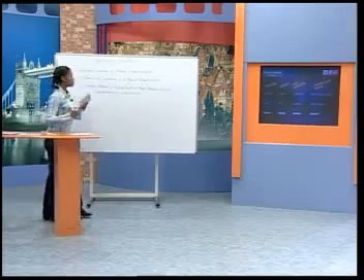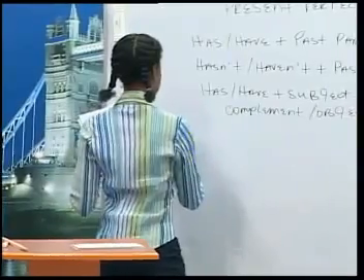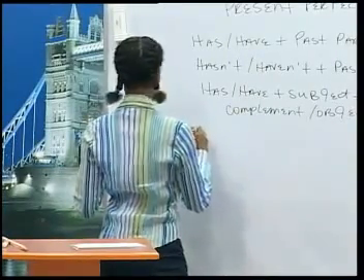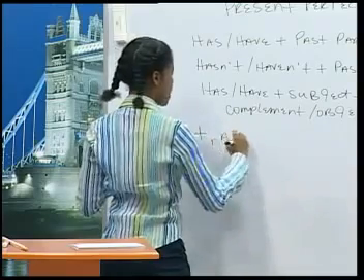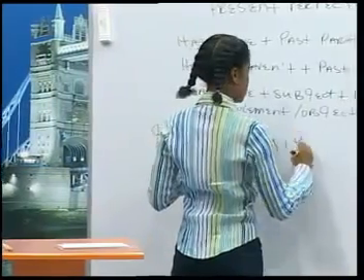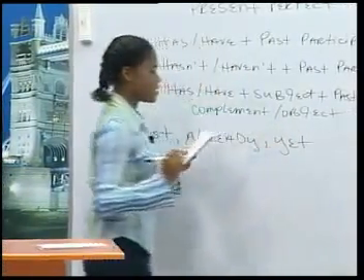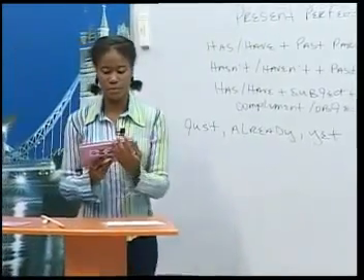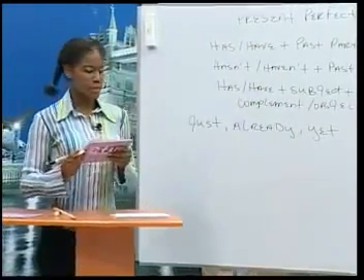Now we can use also some words to help us to know it's going to be present perfect. For example, just, already, and yet. Okay, just means a short time ago. For example, he has just arrived at the theater.